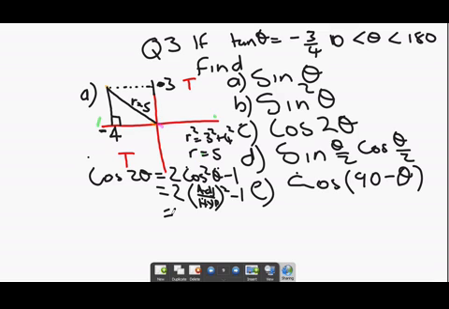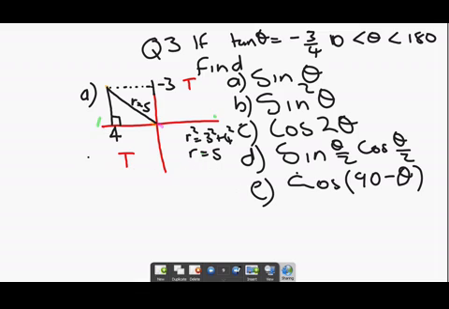And then this is going to be 2 times -4 over hypotenuse is 5, and then there's going to be a squared, minus 1. So now this is going to give us what? 16 times 2, that's going to be 32 over 25 minus 1. You can then use your calculator.